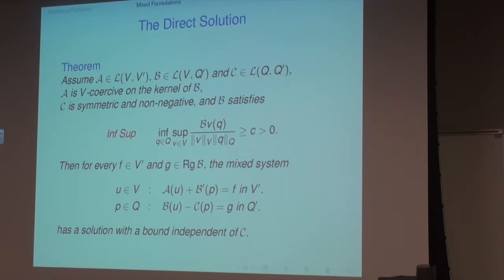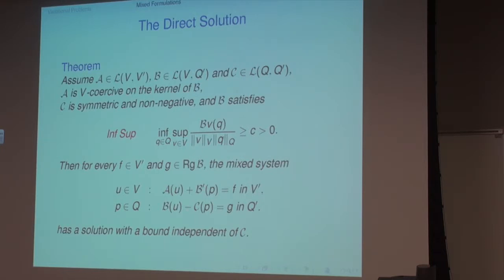Let me give the following theorem. The Lax-Milgram theorem says you can solve a single equation even if the A is not symmetric. In this minimization problem, I was assuming A was symmetric. I can drop the symmetry condition on A even in that system.